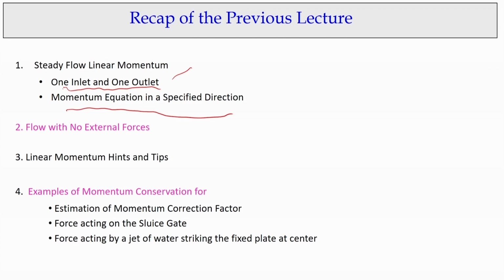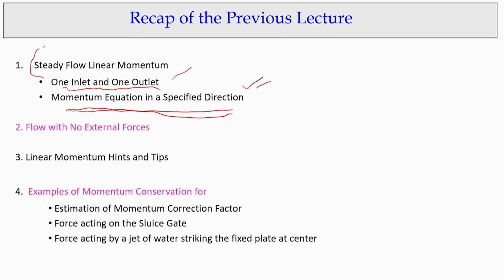We can align the axis rotation in such a way that using only one equation we can solve the problems. So these are the simplifications: one inlet and one outlet, and applying the momentum equation in a specific direction.